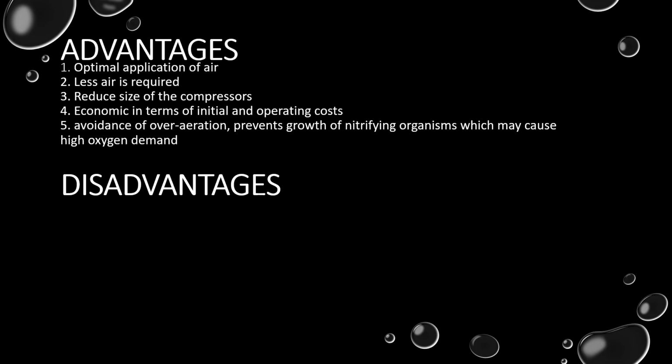Hindi na siya parang ganon ka-practical, di ba? Kaya ang difference ng oxygen supply at ang ating oxygen demand ay mataas. Kaya nangyayari ang over-aeration, and it also prevents growth of nitrifying organisms which may cause high oxygen demand.